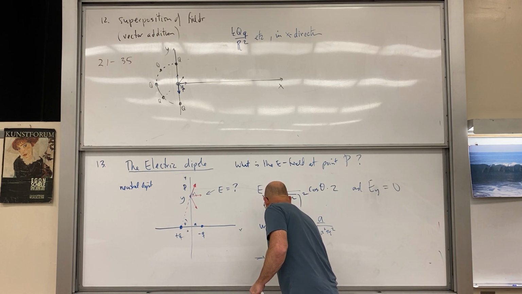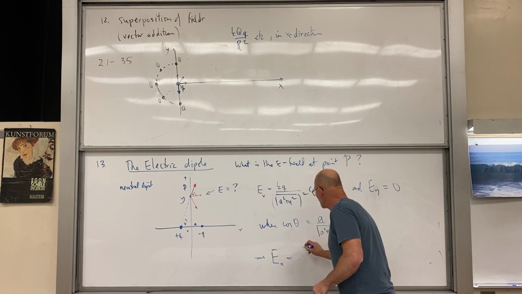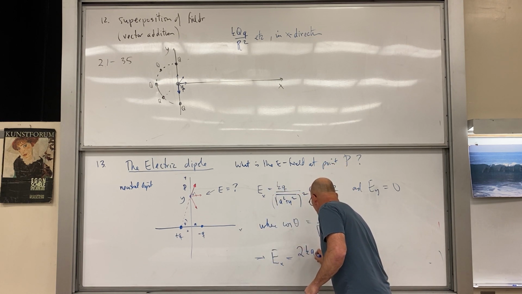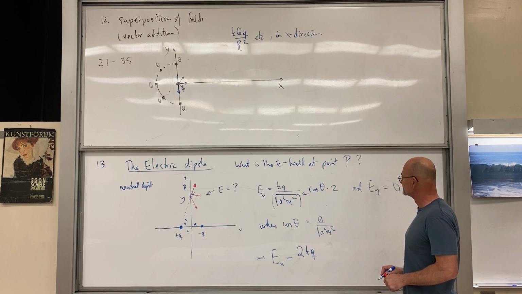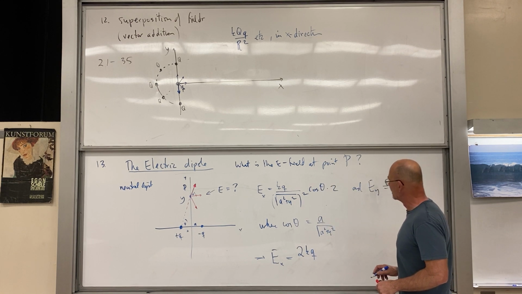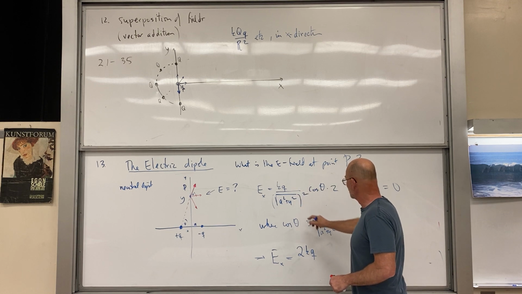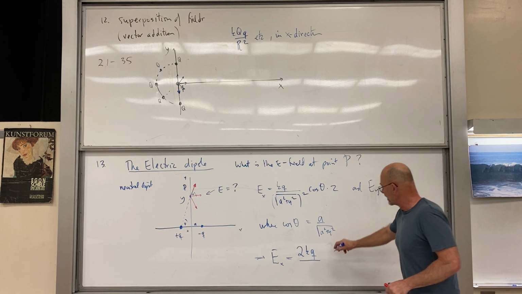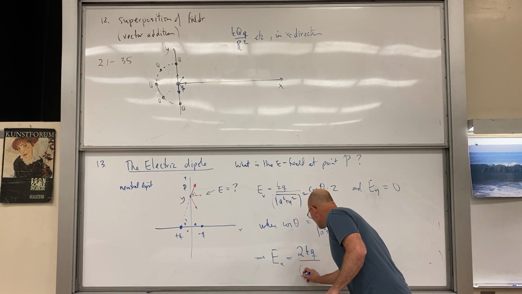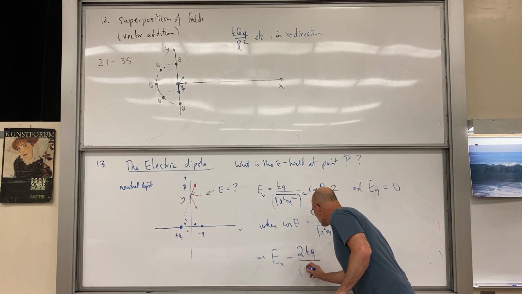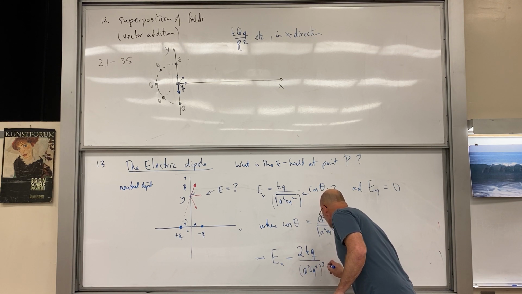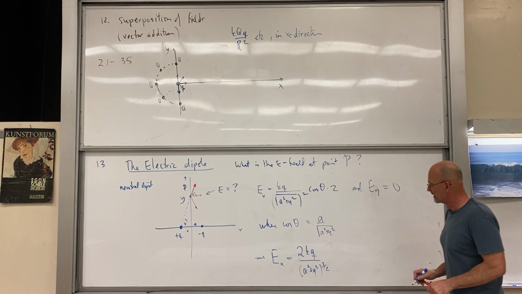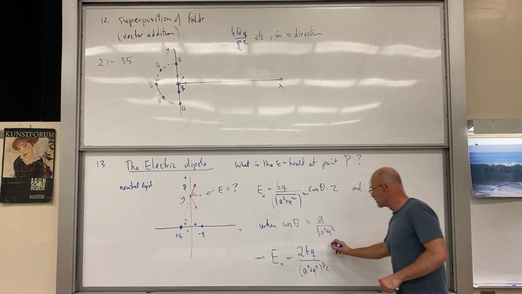We get E sub x is equal to 2kq. In the denominator, I have root a squared plus y squared to the third, so a squared plus y squared to the 3/2. And then I have a in the numerator.